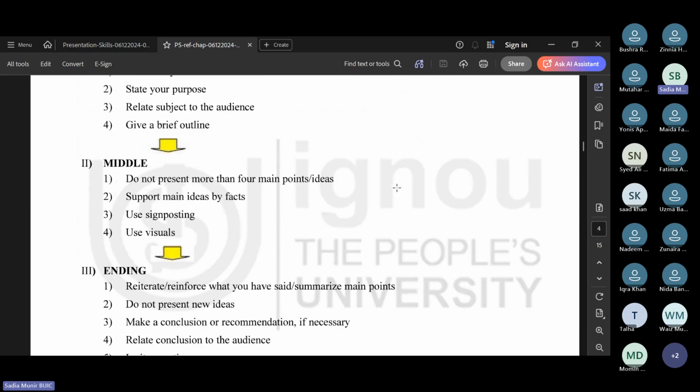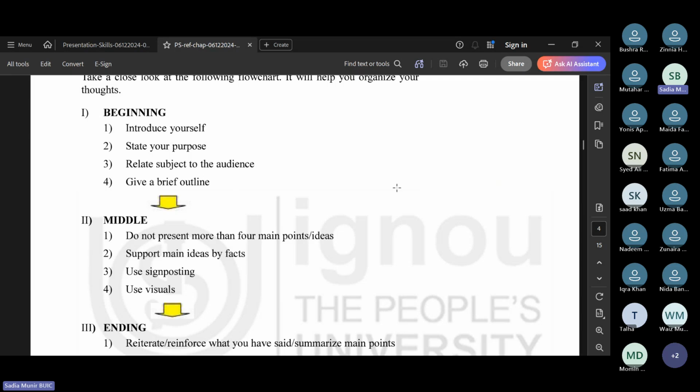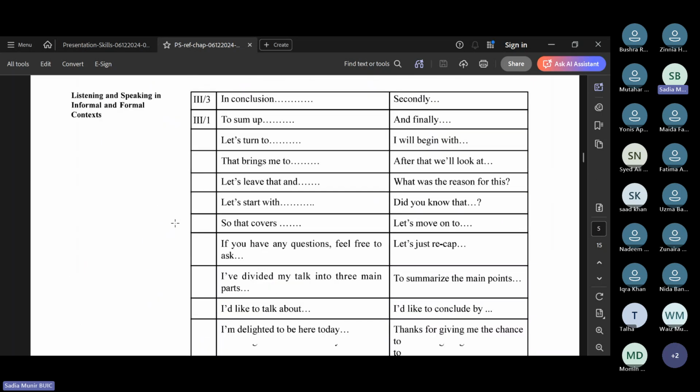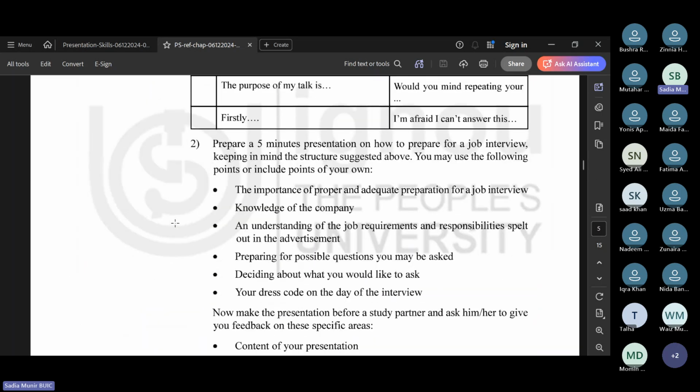This is the structure. In the beginning you introduce yourself, then you state the purpose of your presentation, then the subject matter: the prompt that has been given to you, clarify it to the audience. You try to make a connection with the audience, and then you give a brief outline that in my presentation there are 4 pointers that I'm going to discuss. The pointers have been told to you already, these are the pointers in bullet points.